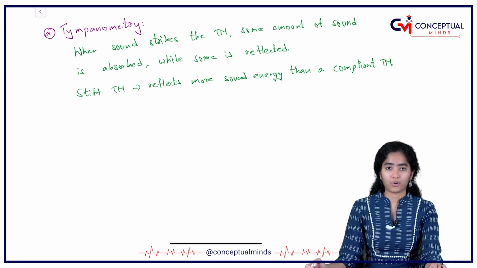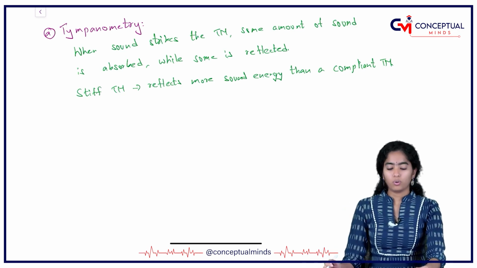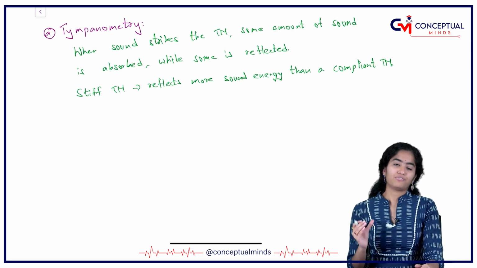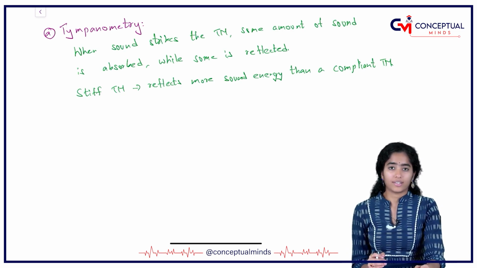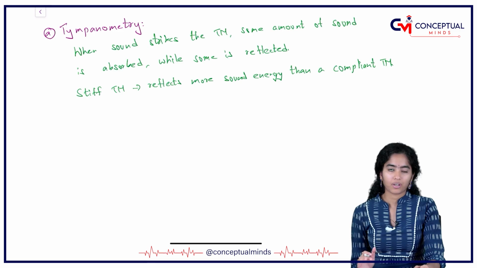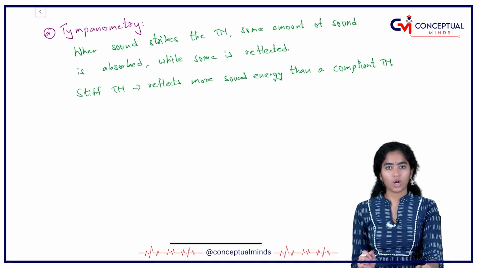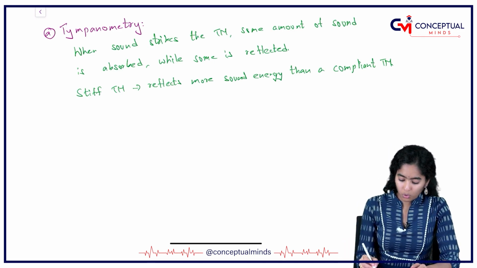So how do we perform this? We take a probe that nicely fits into the external auditory canal. The external auditory canal has to be sealed. So this probe has to completely fit into the size of the patient's external auditory canal. And the probe has 3 channels.